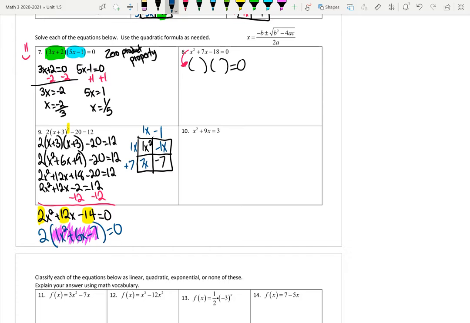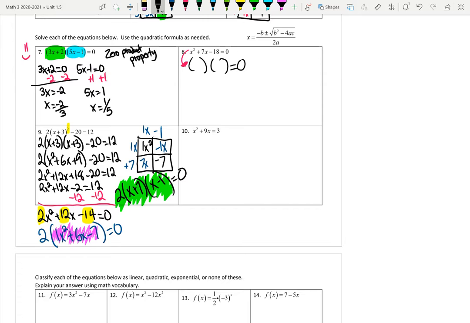Thus, I have my factored form is 2 times x plus 7, x minus 1, all equal to 0. This right here is what I'm going to use for my answer.